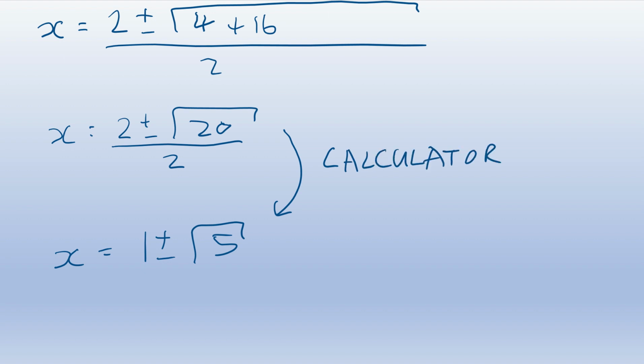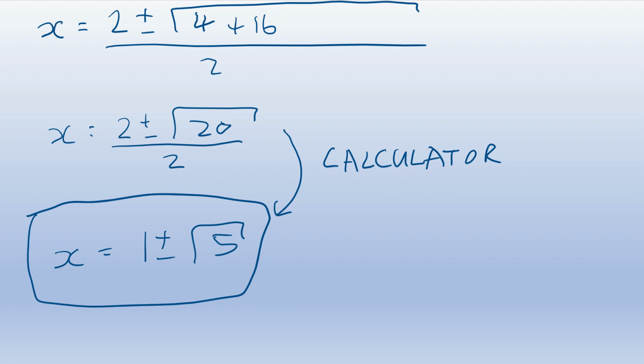If I start talking about how to get from here to here without using your calculator, it's going to add maybe 10 minutes onto the video if I was to do it correctly. So right now we're just worried about getting down here. Using your calculator is fine for getting from here to here, but I will be addressing that in a future video on surds. If you wanted to look up surds in the meantime, be my guest.